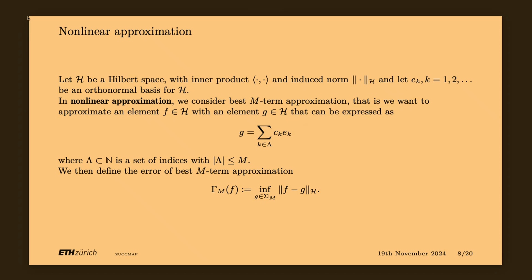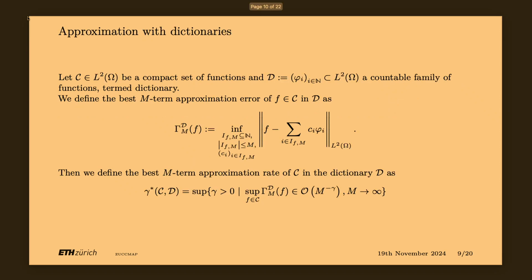Maybe it's already not clear, but if it's not, it's going to get worse, because now we are allowing for much more freedom. We are not considering approximation with a combination of elements in the orthonormal basis, but we allow approximation with linear combinations in a dictionary.